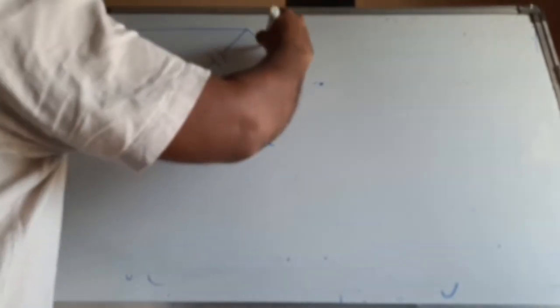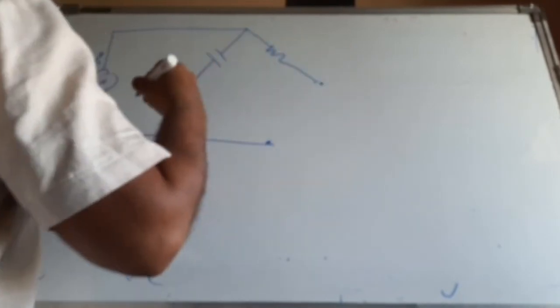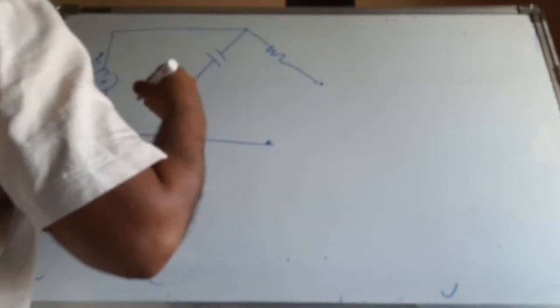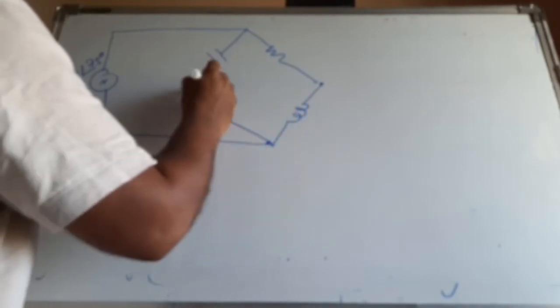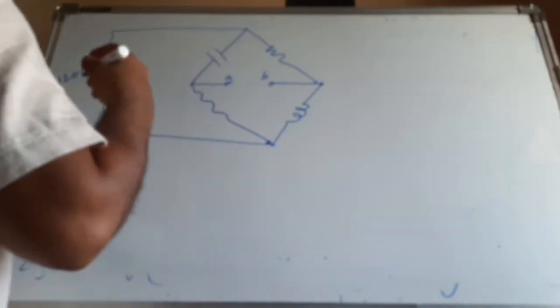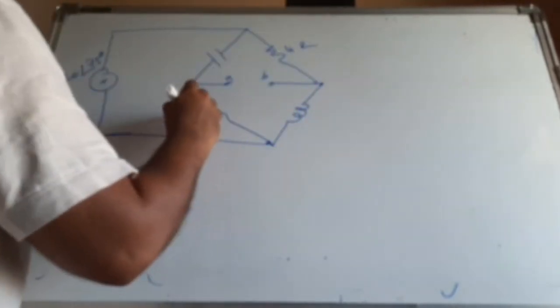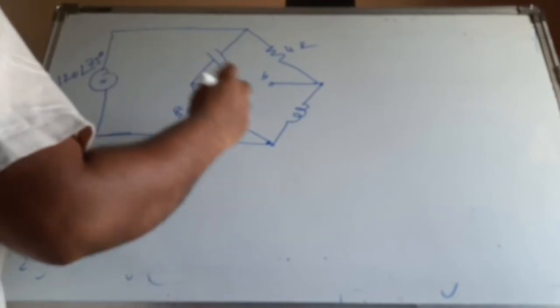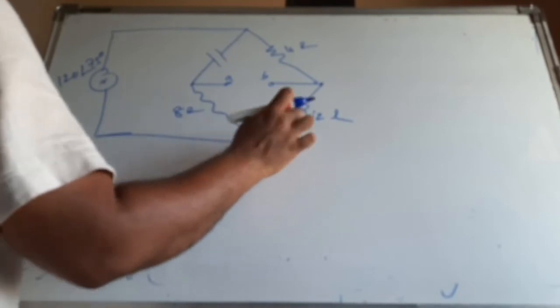There is a capacitance. We have to open the terminal. The 4 ohm resistor has an alternator here, and these values are given directly in ohms.